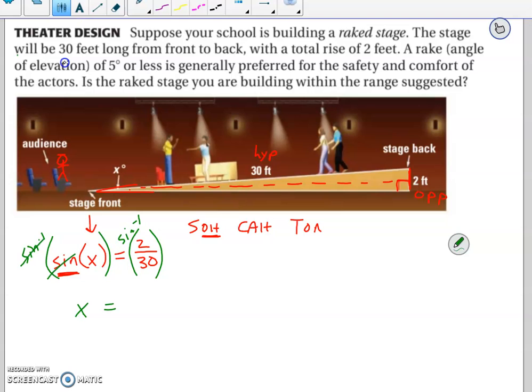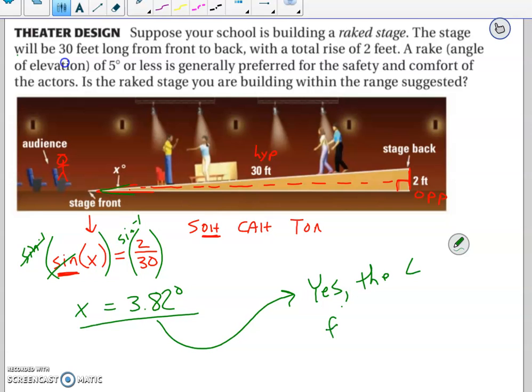And the arc sine of 2/30 ends up being 3.82 degrees. So to answer the question, this is a 3.82 degree angle, which means yes, the stage is safe, because the angle falls between 0 degrees and 5 degrees, the recommendation for having a safe stage.